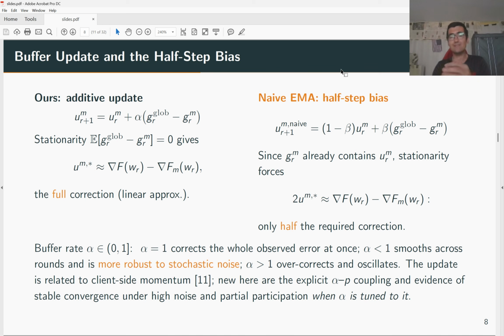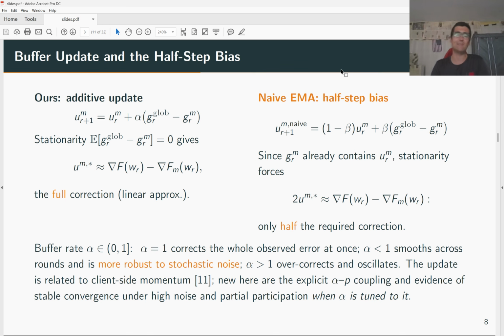If you work out the stationary point of the EMA version, you find it satisfies 2u star equals the ideal correction. So the naive estimator converges to exactly half of the correction you need. It permanently undercorrects. Our additive rule doesn't have this problem. Its stationary condition recovers the full correction, at least under a linear approximation of the trajectories.